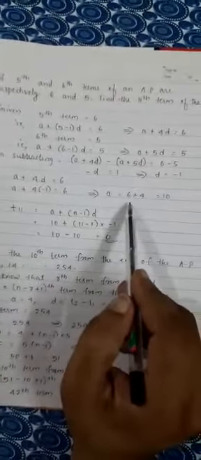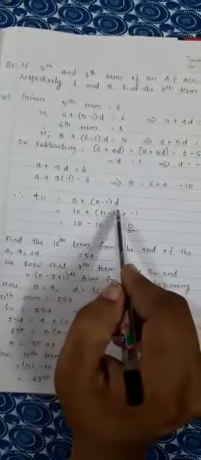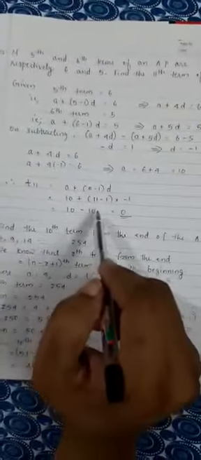Therefore, a is equal to 6 plus 4, that is 10. We have to find out the 11th term of the AP. T11 is equal to a plus n minus 1 into d. That is a plus 11 minus 1 into minus 1. So the answer is 0.